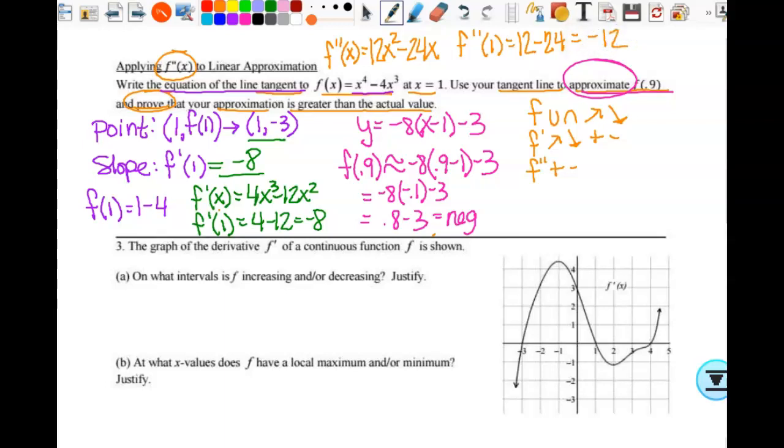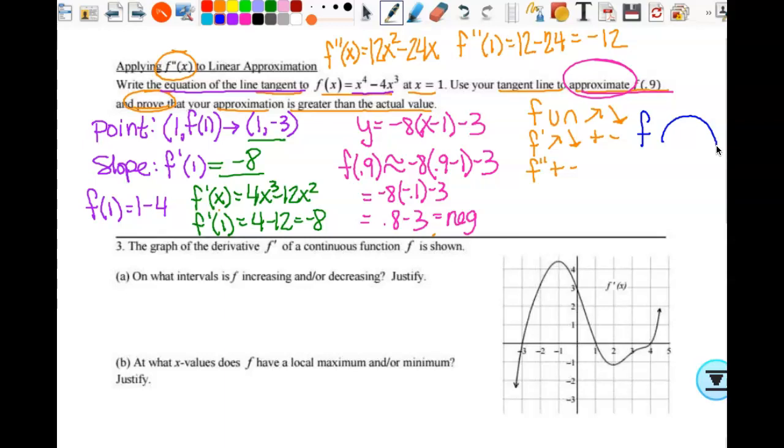Okay. So the function at 1, if f double prime is negative, then f is what? Concave down. Okay, so I'm going to draw myself a little f function here. It's concave down.